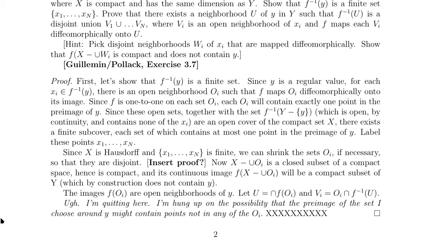So when you have a finite subcover, the finite subcover probably contains that great big set, but then it's only going to contain finitely many of the O_i. And each O_i contains one point in the pre-image of y. Right.